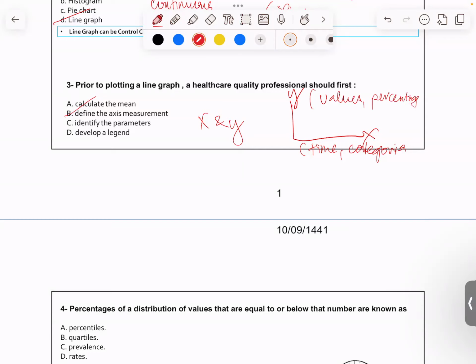Is it clear now? Then you'll determine if the data is displayed over days, months, or years in the X axis. This one came out in the examination. So the correct answer is define the axis measurement.